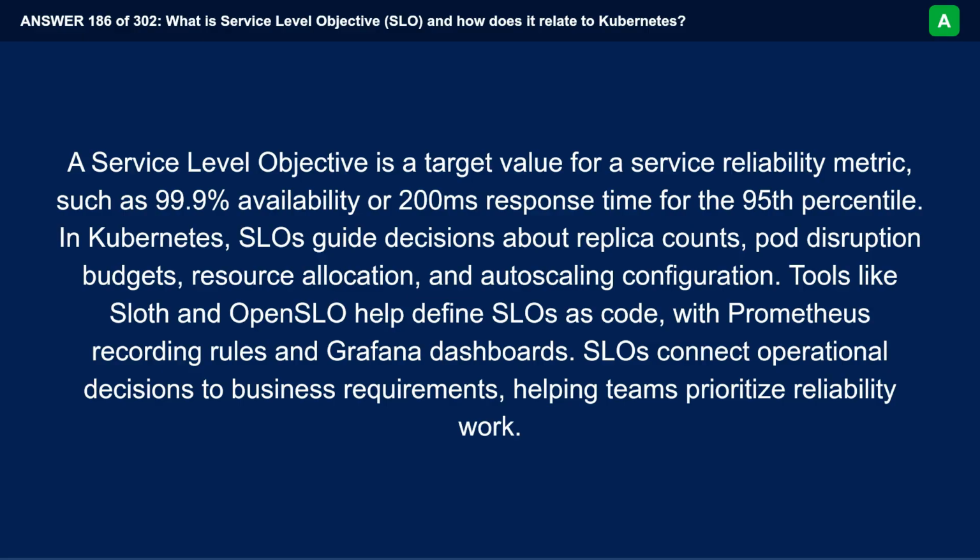In Kubernetes, SLOs guide decisions about replica counts, pod disruption budgets, resource allocation, and auto-scaling configuration. Tools like Sloth and OpenSLO help define SLOs as code, with Prometheus recording rules and Grafana dashboards. SLOs connect operational decisions to business requirements, helping teams prioritize reliability work.